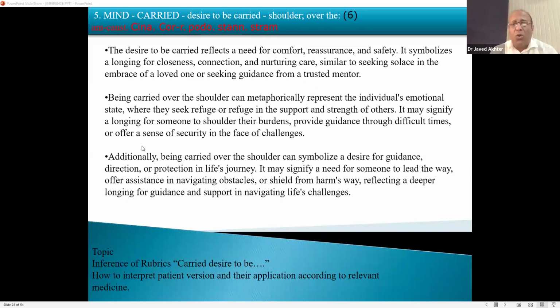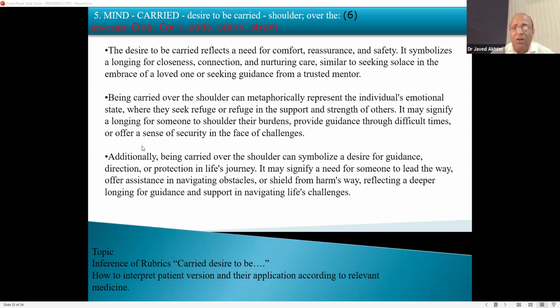Another, being carried over the shoulder can metaphorically represent an individual's emotional state where they seek refuge in the support and strength of others. It may signify a longing for someone to shoulder their burdens, provide guidance through difficult times, or offer a sense of security in the face of challenge.